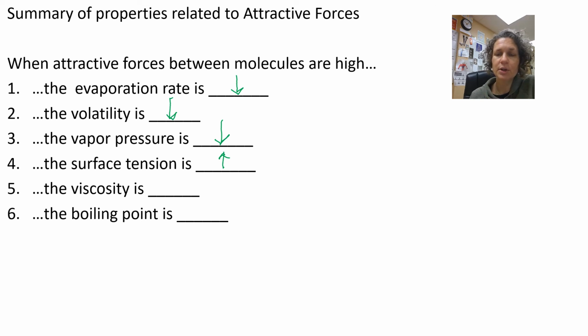You guys will do some book stuff, and we'll do really exciting stuff and watch water boil. But surface tension is high, viscosity is high, and the boiling point is also high. It takes a higher heat to boil it. And if I flipped this and said that the attractive forces are low, everything would just reverse.